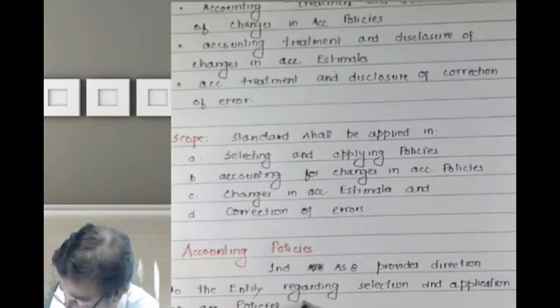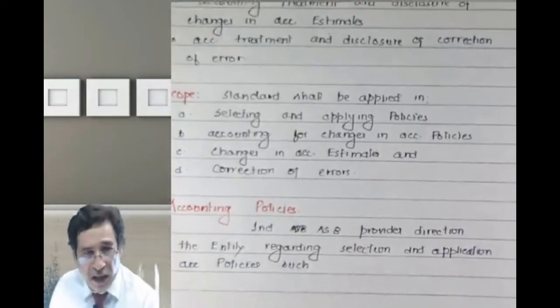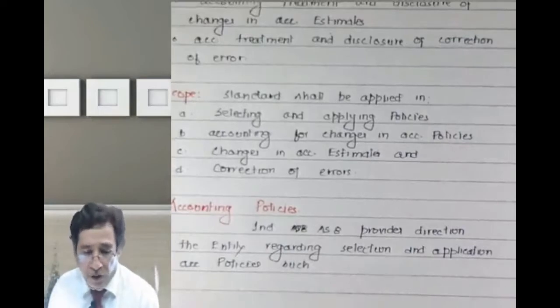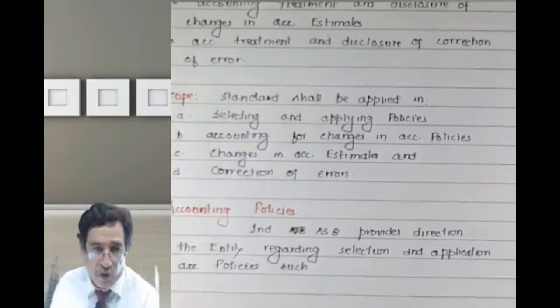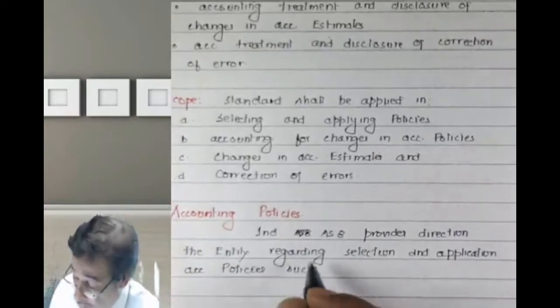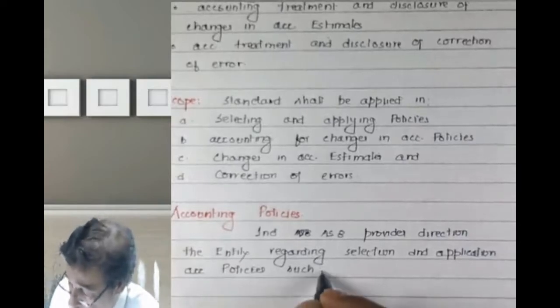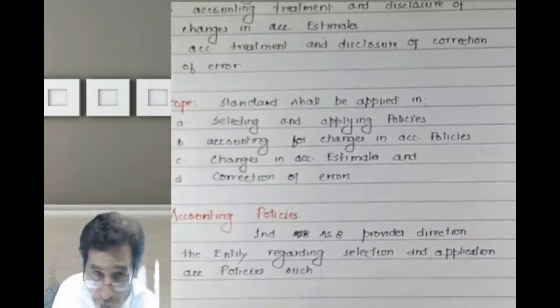Such as, because more or less every entity has to confront several alternatives before it, and it has to select one such policy which is reliable, as I told you, and which is very relevant. Correct? So this particular standard will provide some guidelines. What are those guidelines? We'll talk about that later on, but right now the point here is that it provides some guidelines.